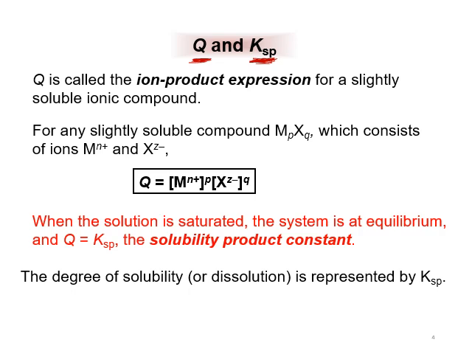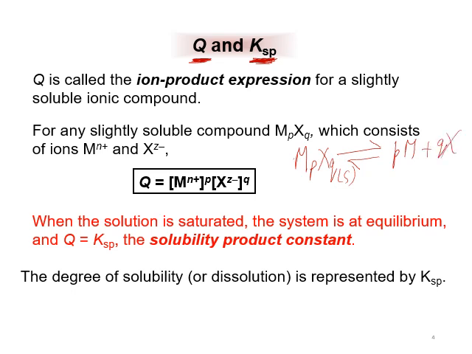So if there is a salt MpXq, that essentially means the expression for Q for that particular salt is going to be the concentration of M to the power of p times the concentration of X to the power of q. All right. So MpXq, which is solid, is going to dissociate to give two ions, pM^(q+) and qX^(p-) in this case.